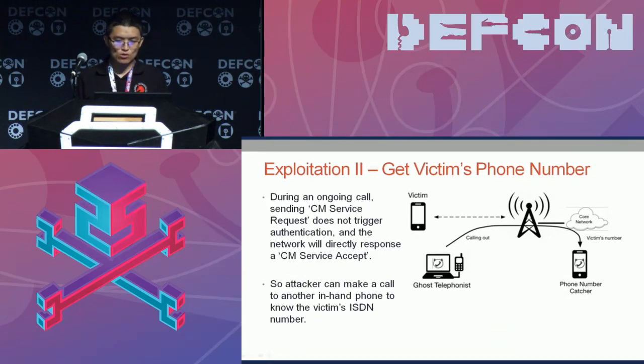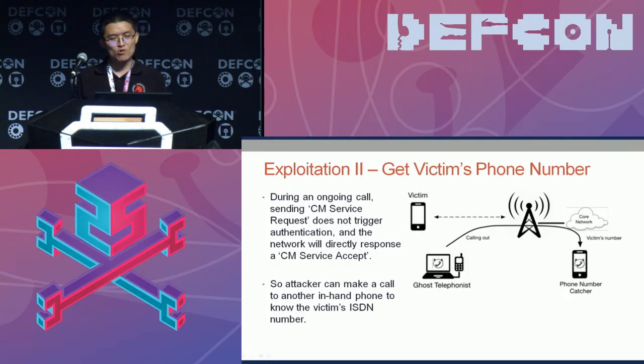See this picture. We found that during one hijacked call, the telephonist can make a call out to a burner phone by sending a CM service request message. And the surprise is this doesn't trigger an authentication either.